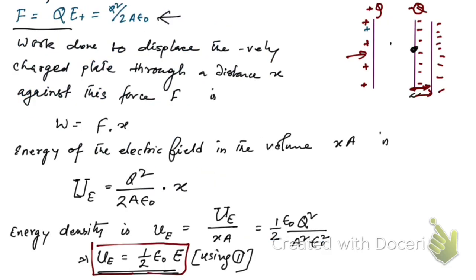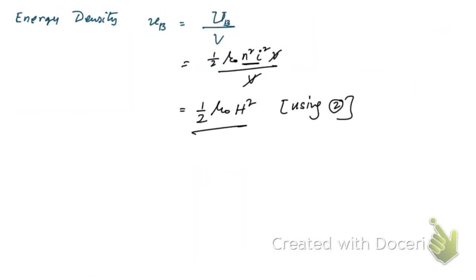And we have got the energy density in the electric field as well. So adding these two, we're going to get energy density for the electromagnetic field.